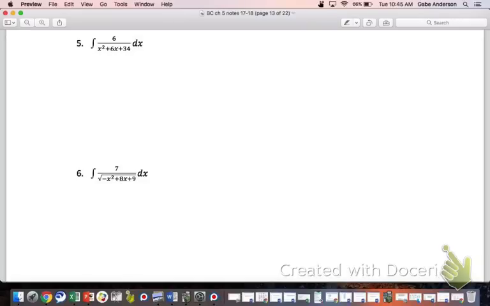Like, for instance, if in number 5, instead of the 34 being a 34, it was a 7, this would take on a very different look. If it was maybe a 5, it would take on a very different look. So we're going to parse it out even more in chapter 8, just like the nature of how the numbers in the little denominator there work out is going to change things significantly.